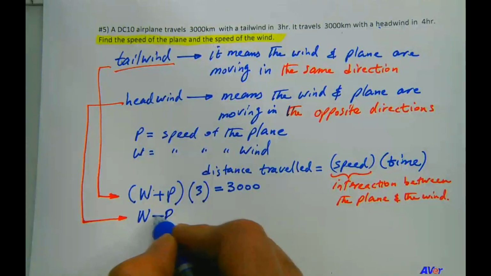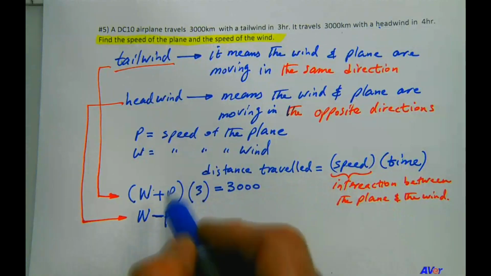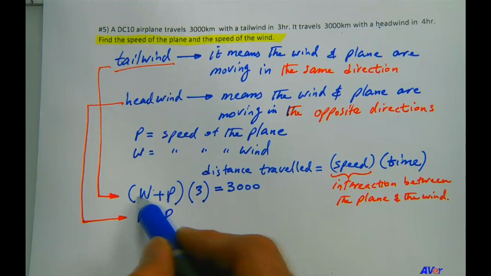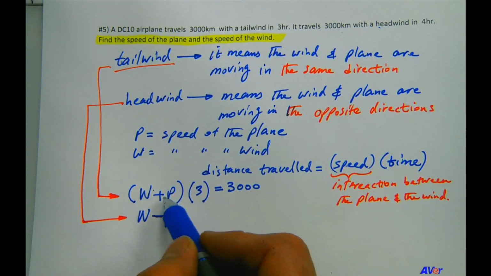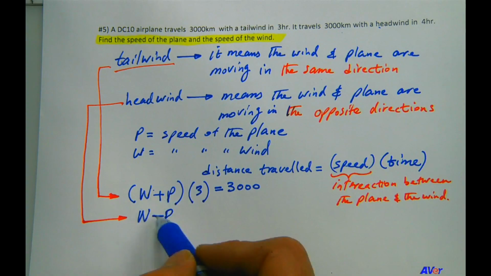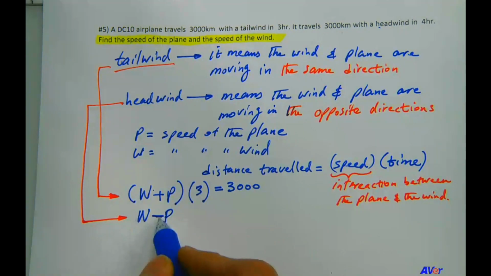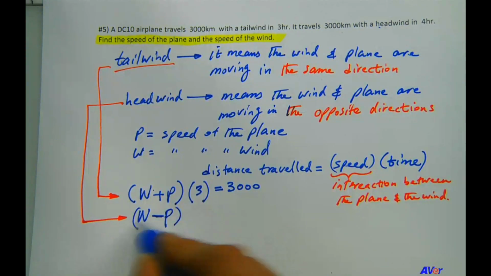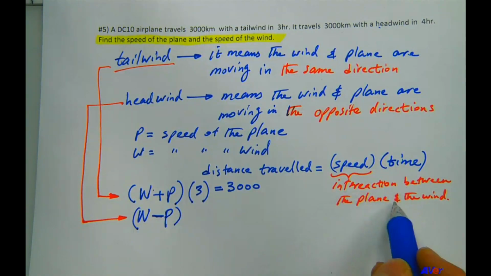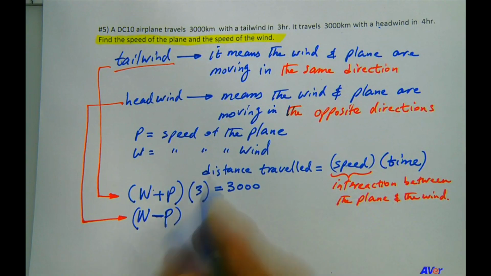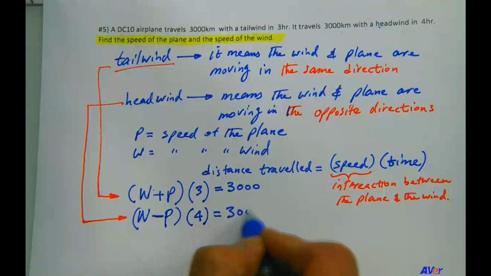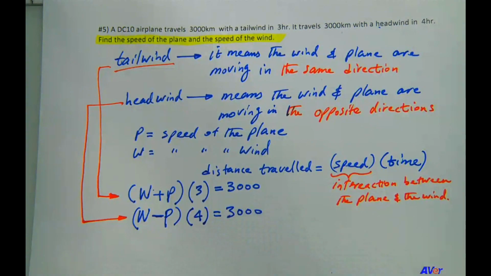It doesn't matter which one you take the negative, but the point being that the speeds were not both negative or positive. They were working against each other. If this is positive, that must be negative. They're going in the opposite direction. And when the speed was interacting like this, it took the plane 4 hours to travel the same 3,000 kilometer distance.